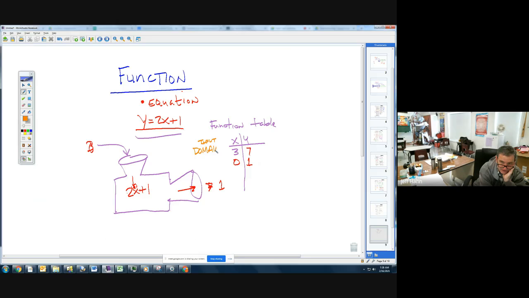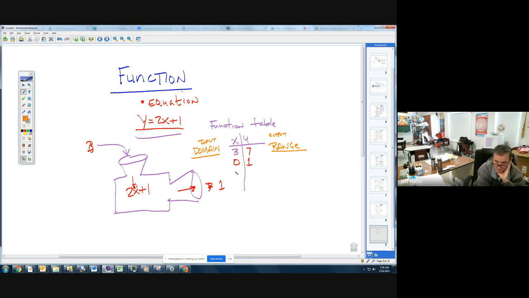Domain numbers. The output numbers, the numbers that come out, are called the range numbers. Input domain, output range.